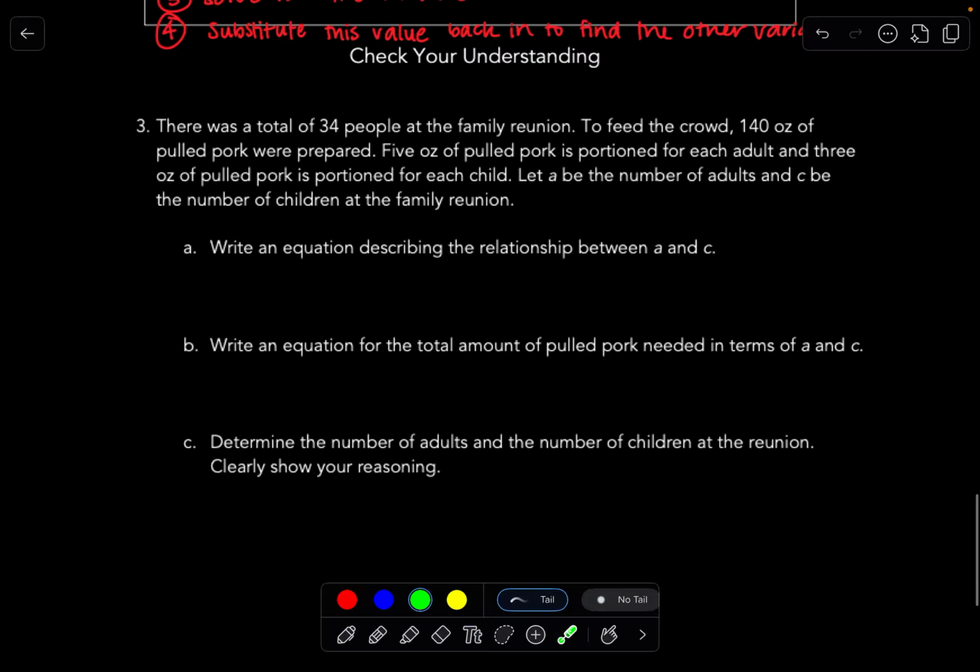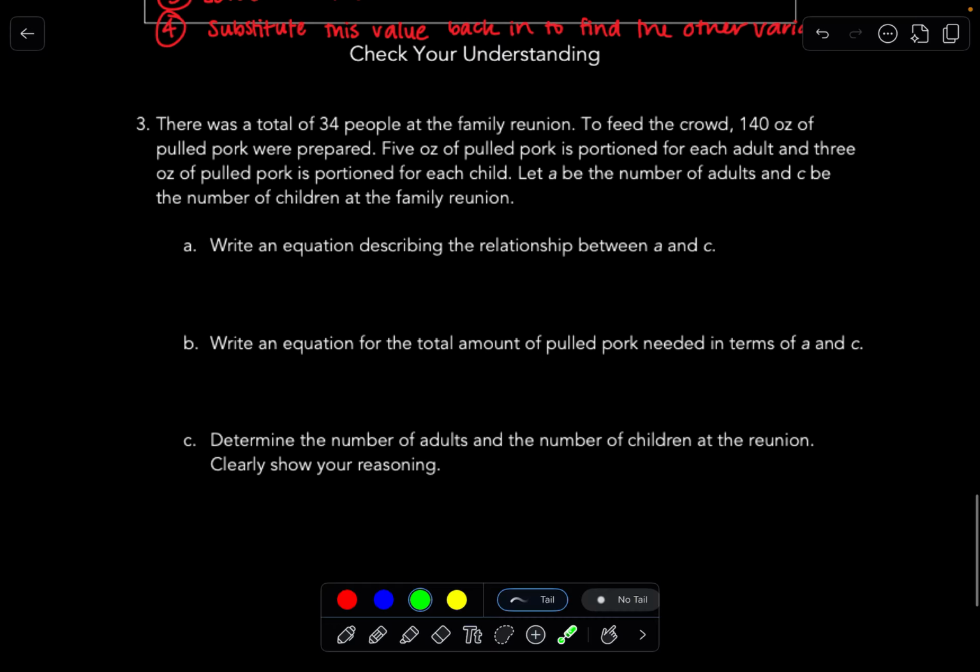All right. So can we write an equation describing the relationship between A and C? Okay. Well, we know since there is a total of 34 people, that means A, the number of adults, plus C, the number of children, must be equal to 34.